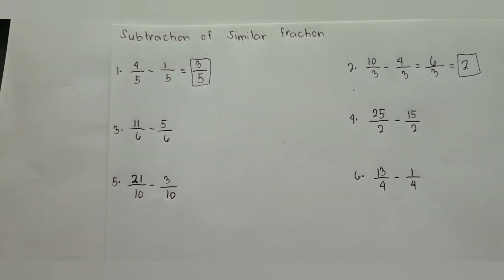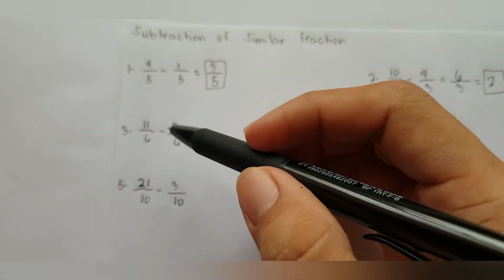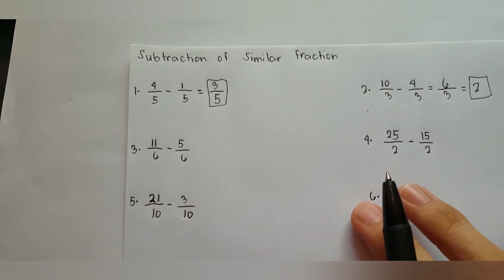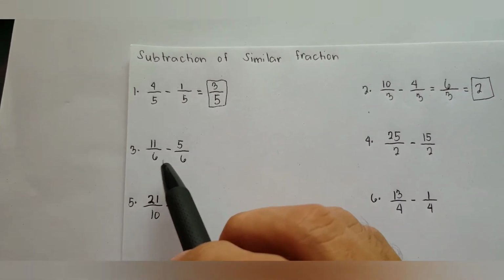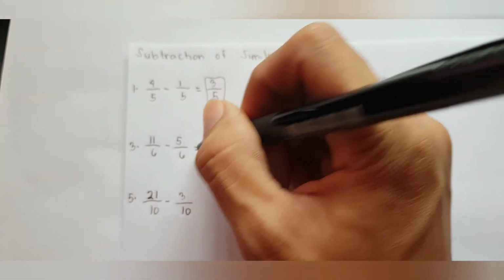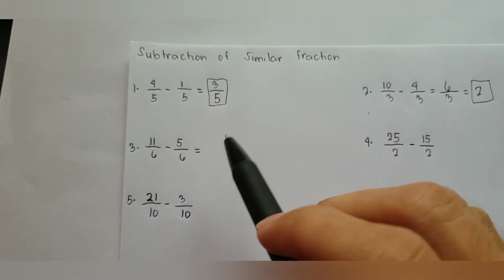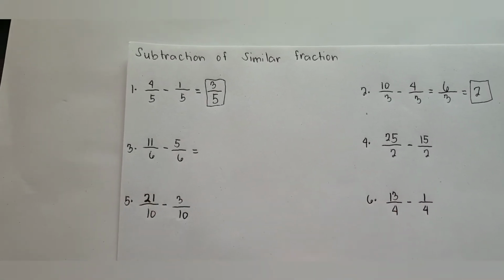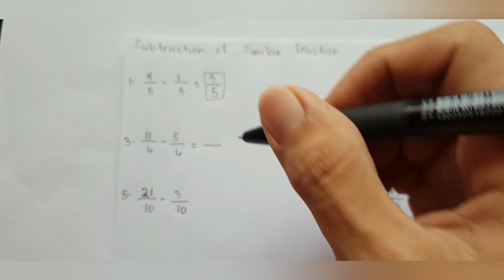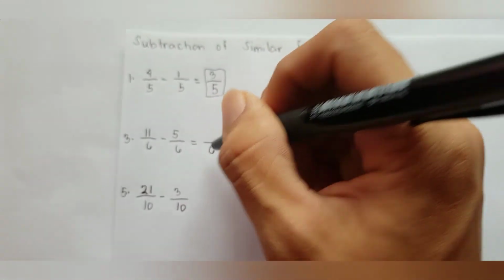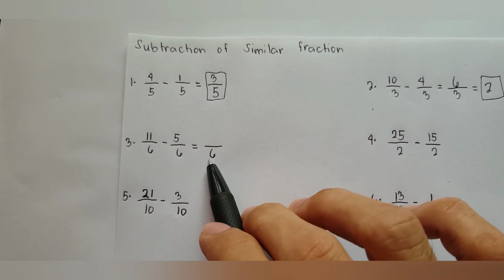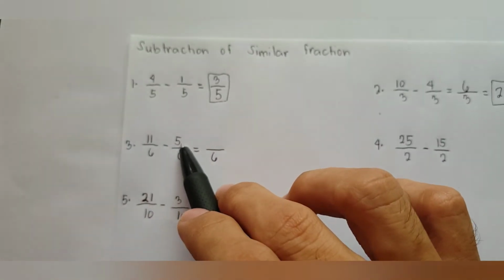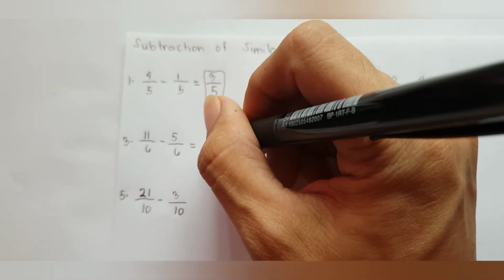Let us proceed to example number 3. We have here 11/6 minus 5/6. Again, since they have a common denominator, which is 6, the rule of subtraction is to just simply copy the denominator. So we copy 6 here, and then subtract the numerators, 11 minus 5, that is 6.